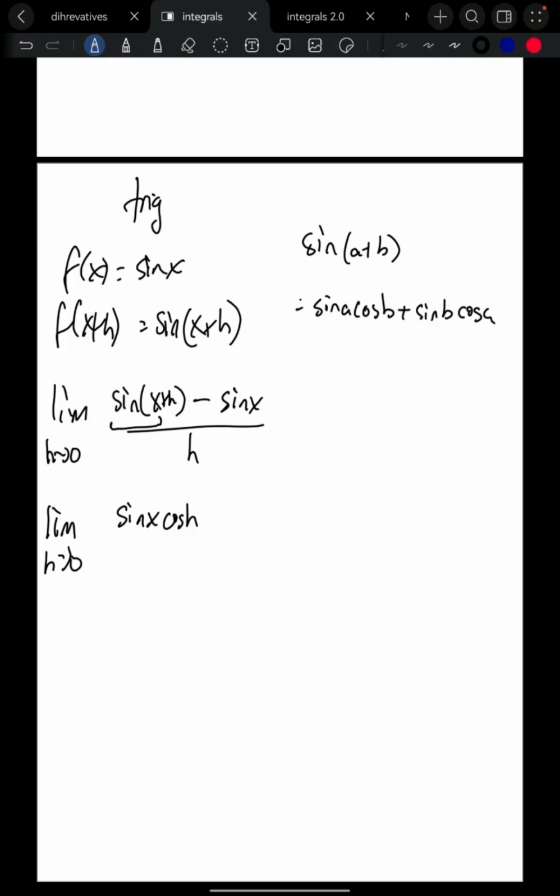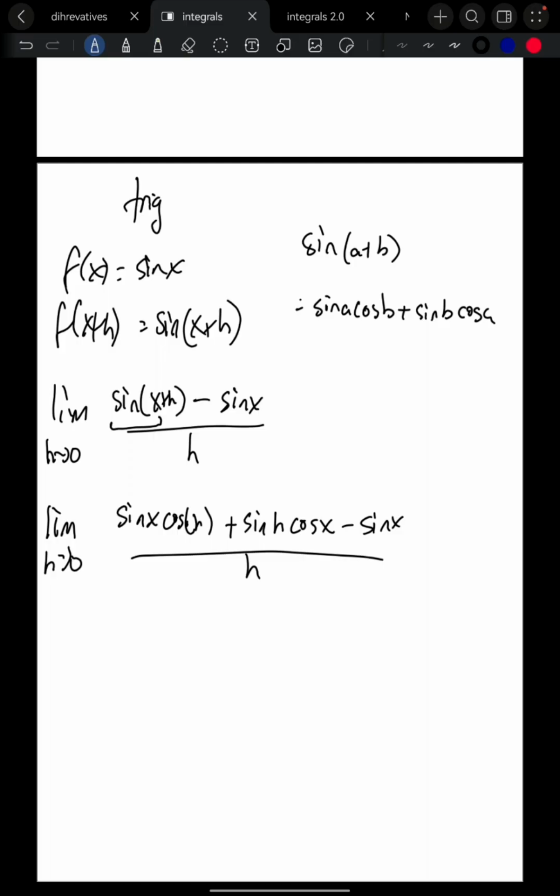This is not cosh, because further in maths there's something called hyperbolic trig. This is just cos of h, plus sine of h cos x, minus sine x in the end. Don't forget this.